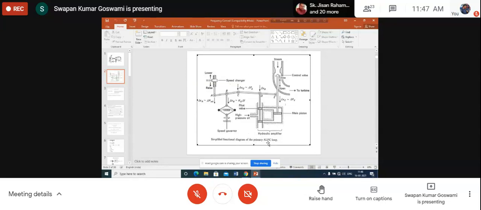It is called load frequency control. Why? Frequency control is understood, but why load frequency? Because basically frequency control is affected by varying the generator output, and the generator output has to be varied when there is a variation in the load demand.